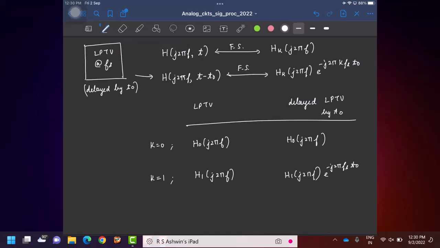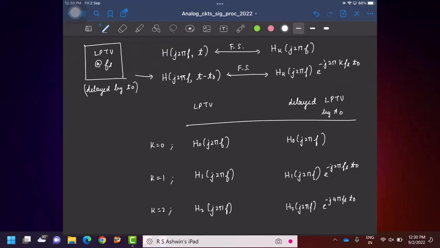And similarly for k equal to 2, the second harmonic transfer function will have a phase shift of 4 pi fs T0. Okay.